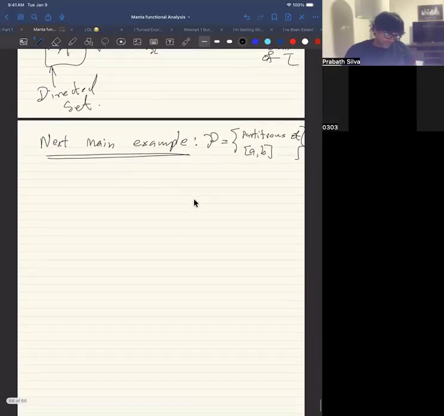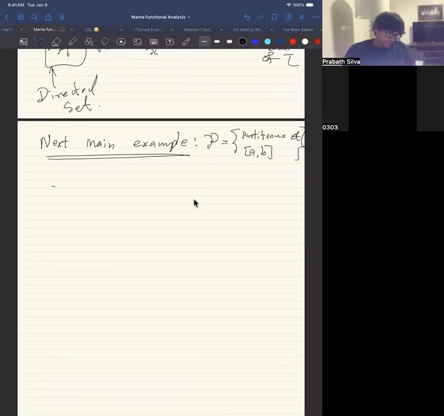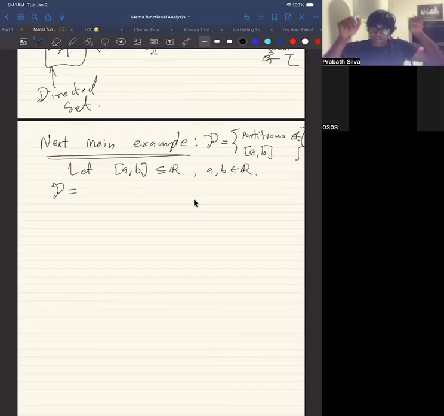Okay, so now recall. Let AB be a fixed subset of R. It's not the infinite integral.